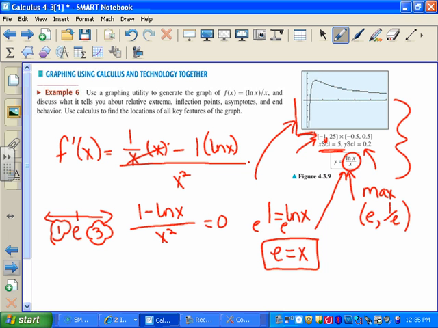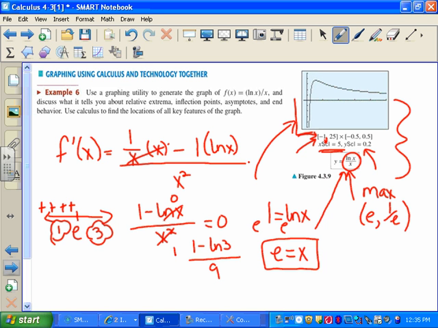So I need my calculator. And so what I'm going to do is plug in 1. So the natural log of 1 is 0. So I get 1 over 1, which is positive. Now I'm going to plug in 3. So I'm going to get 1 minus the natural log of 3 over 9. That's x squared. And so I do that on my calculator because I don't know what the natural log of 3 is.